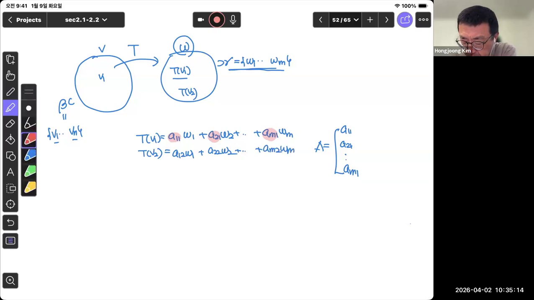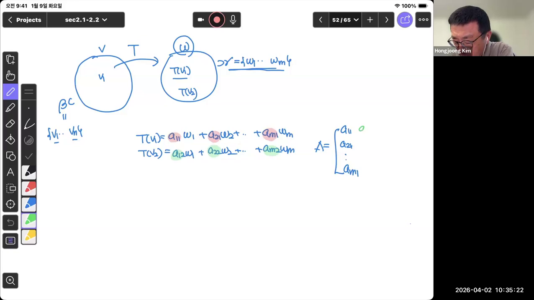And these A12, A22, up to AM2 go to the second column. So in this way, you can fill the n columns of A.